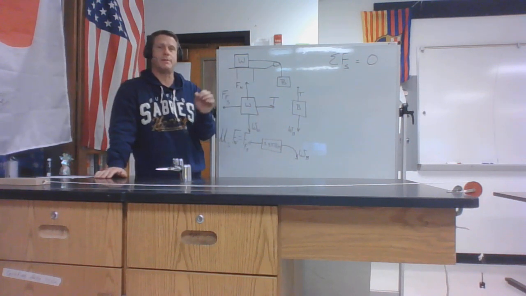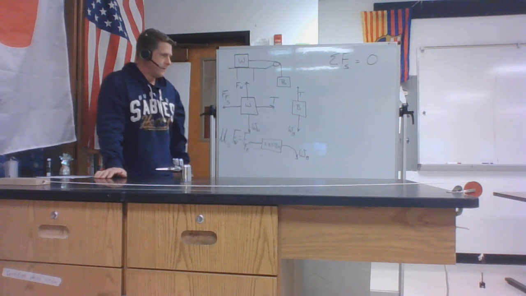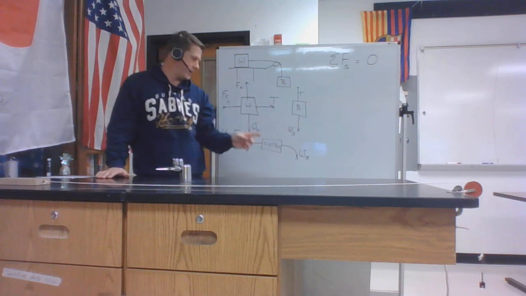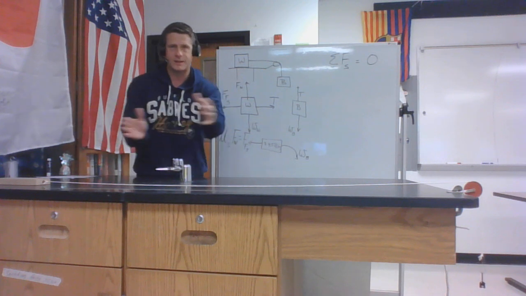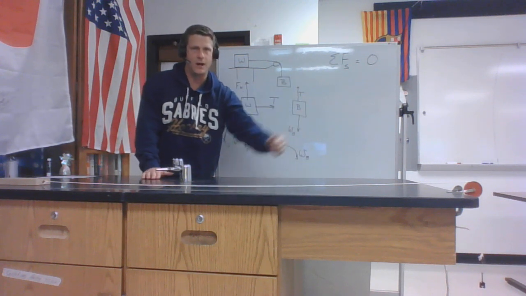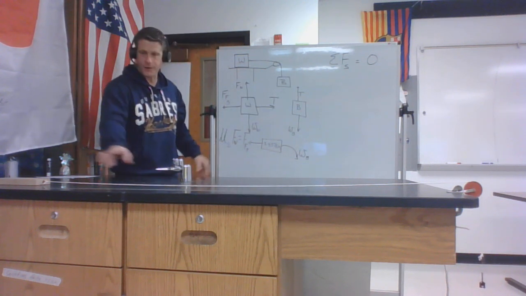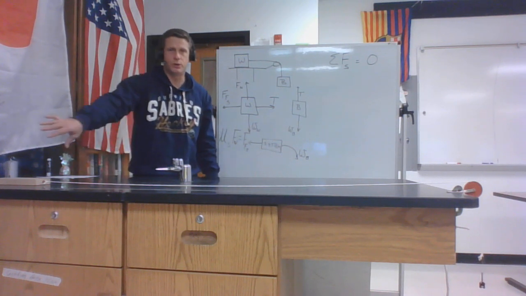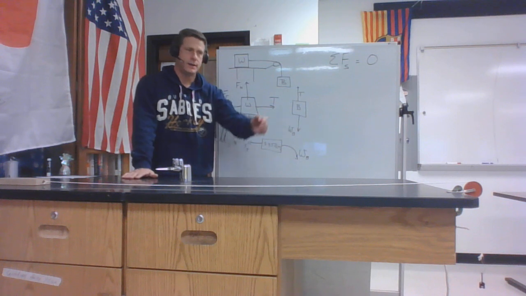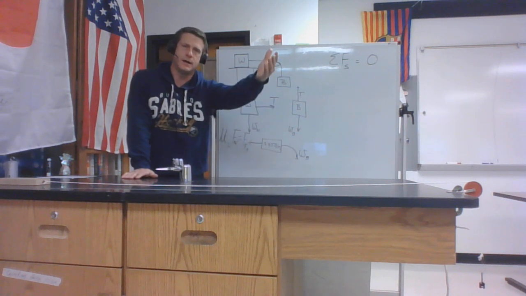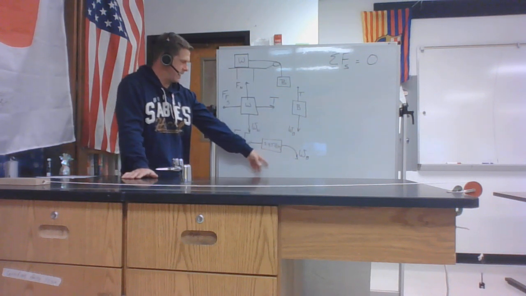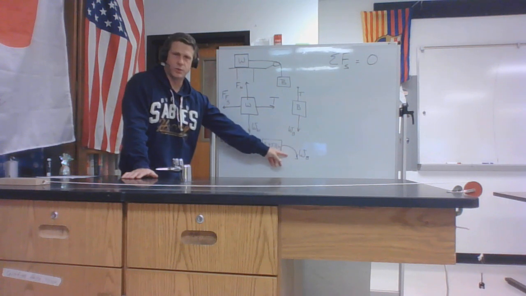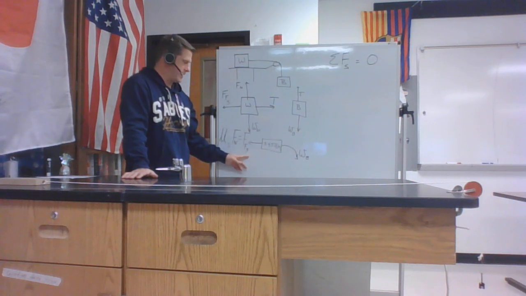Now, if we want to think about the system, then the weight of that thing is trying to pull the block to the left and that weight down. And the friction between the table and the block is trying to pull the block to the right and bring that weight up. So our system diagram looks like this, with weight going this way and the force of static friction going this way.